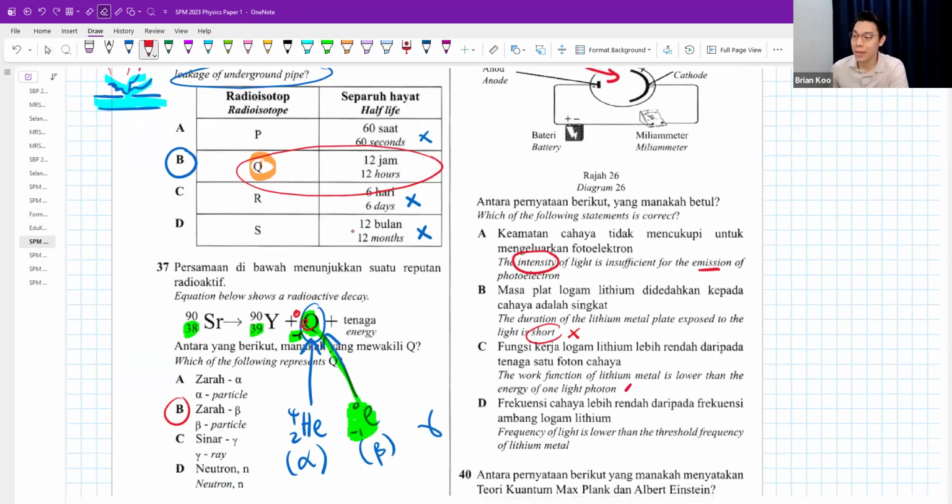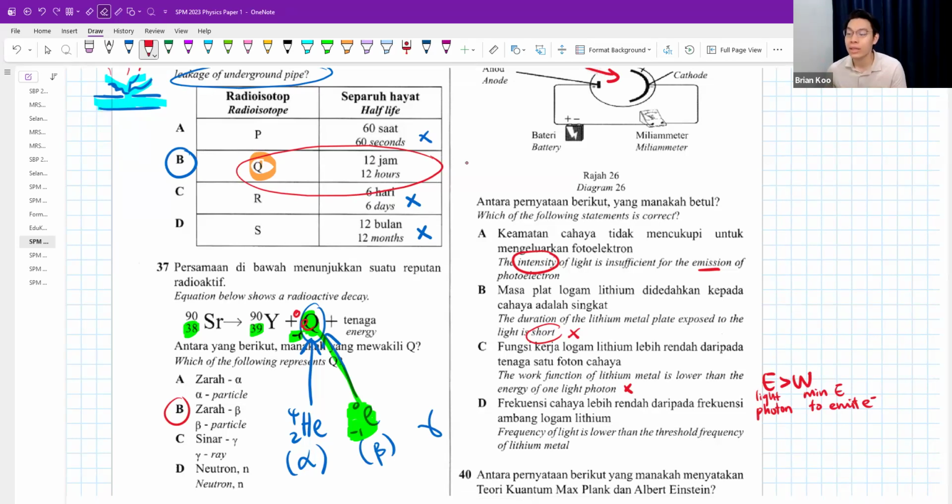Also wrong. Because if your work function is lower than the energy, that means the energy is higher than the work function. If the energy of your light photon is higher than the work function, meaning the minimum energy to emit electron, if it's higher than the minimum value, then the electrons are going to come out, right?